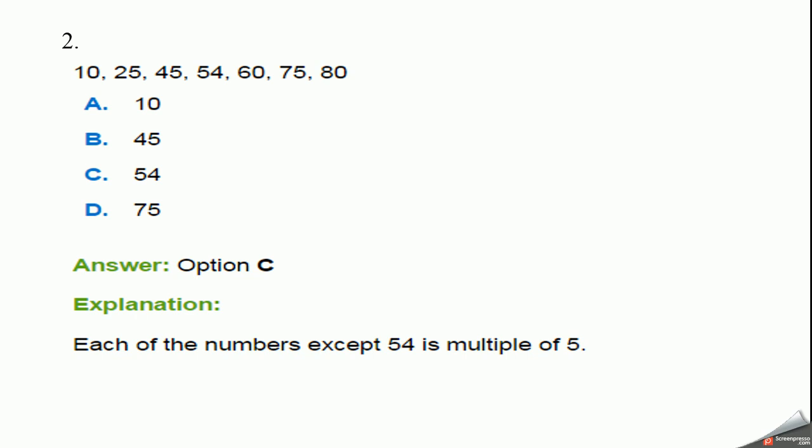When we multiply 2 by 5, we get 10. 5 multiplied by 5 gives 25. 9 multiplied by 5 gives 45. But 54 is not divisible by 5 or any multiple of 5. 60, 70 and 85 are also multiples of 5. So the odd number is 54.